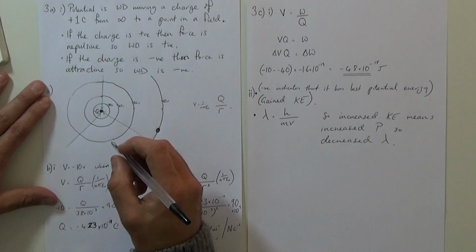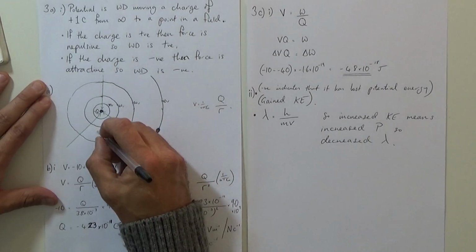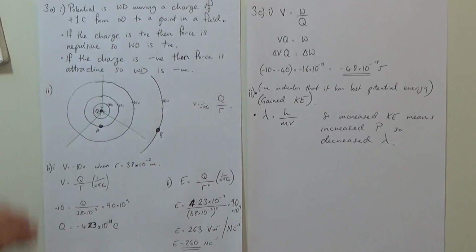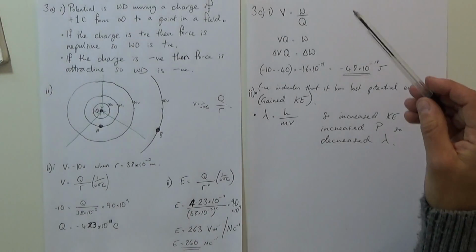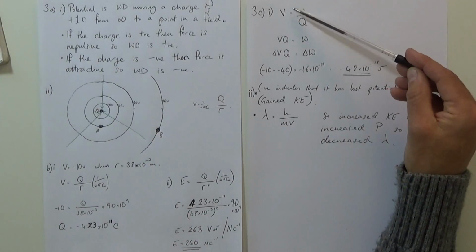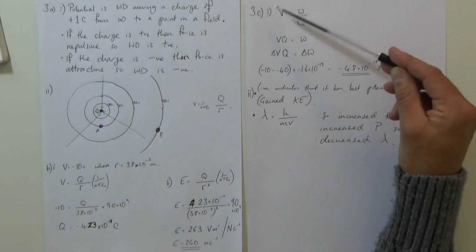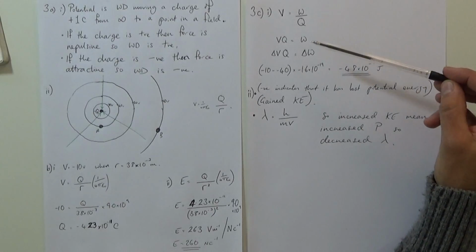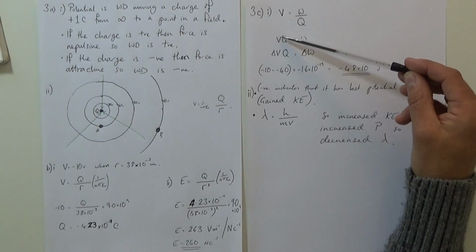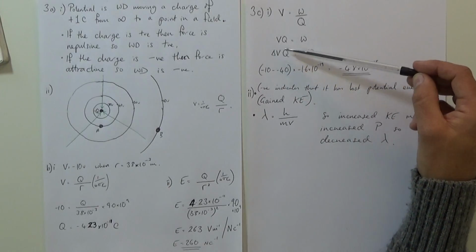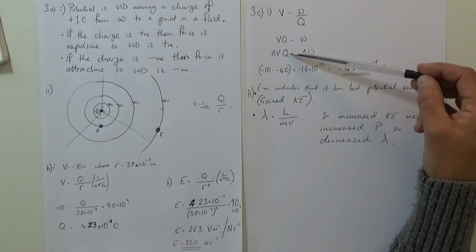Okay, question 3C, it says calculate the energy in joules transferred when an electron moves from A, which is on the minus 40 volt line, to B, which is on the minus 10 volt line. Now, obviously you'll know potential difference is the work done per coulomb, joules per coulomb, basically GCSE. Therefore, potential difference times the charge is the work done.